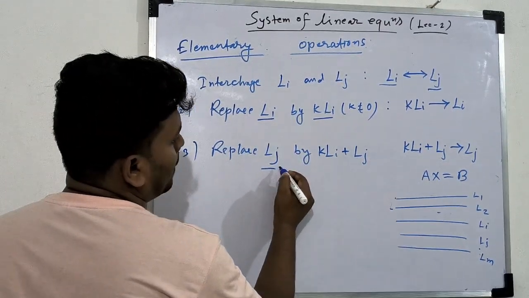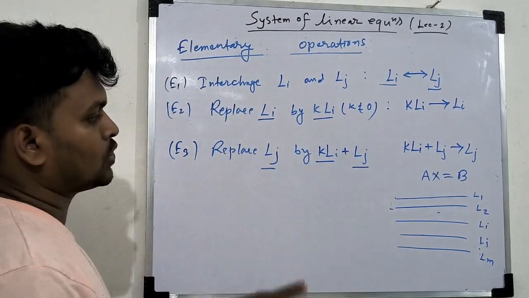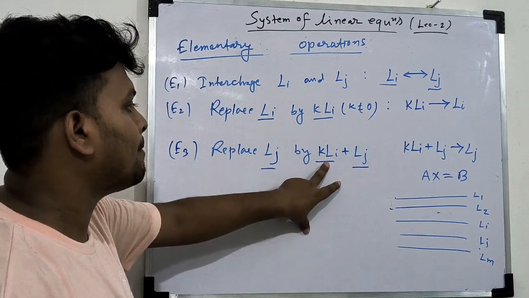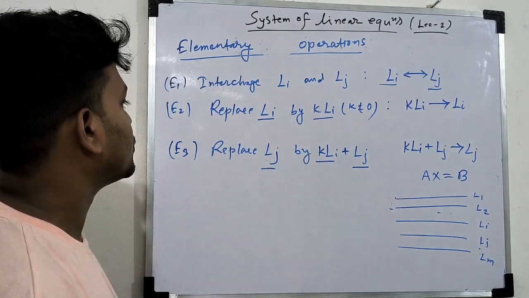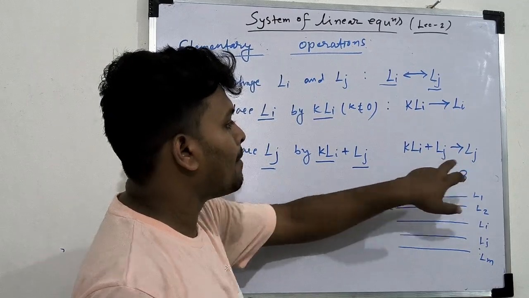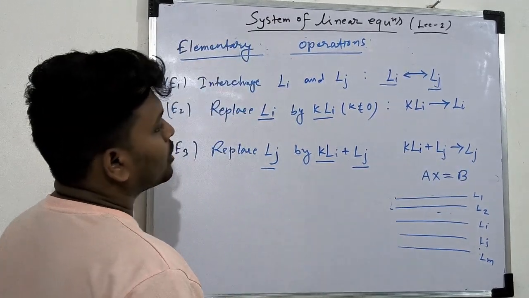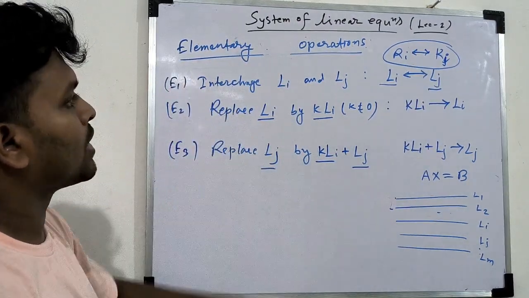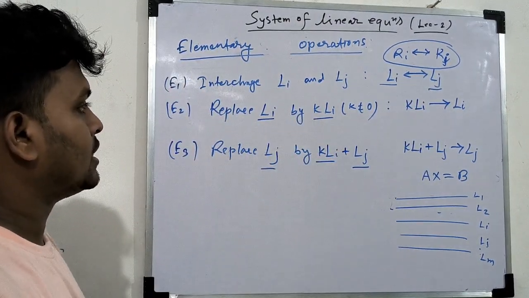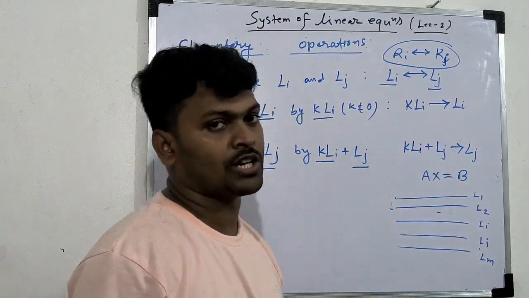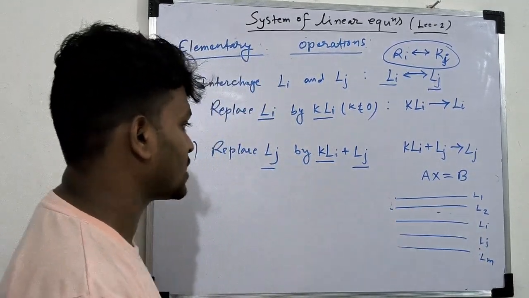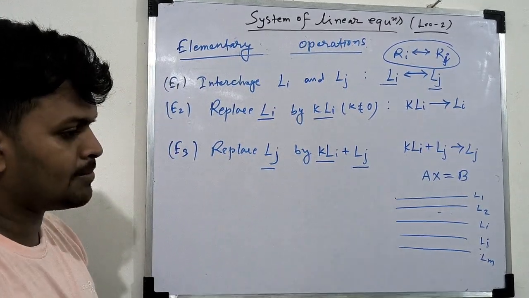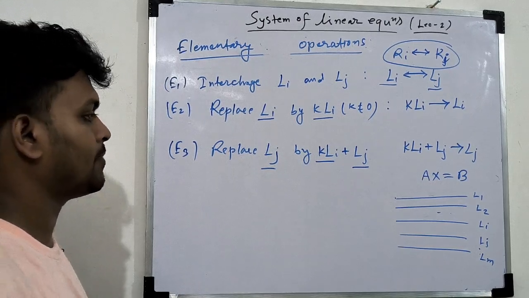And we can replace Lj by k Li plus Lj: k is multiplied with one equation and summed with Lj. Previously we used R because we talked about elementary row operations. Now we are talking about equations, so these are the elementary operations we will apply on the equations of a system to solve the system.